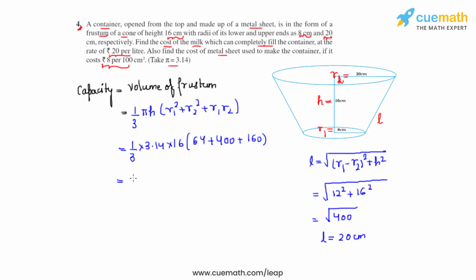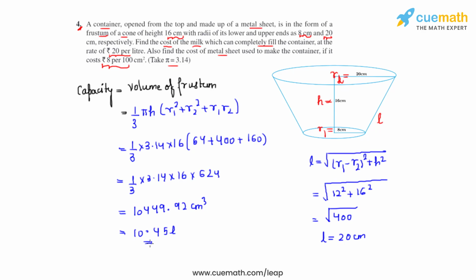So on simplification it comes as 1 by 3 times 3.14 times 16 times 624. So this on further calculation gives us the capacity or the volume of the frustum as 10,449.92 centimeter cube. If we convert this into liters, we get its volume as 10.45 liters.